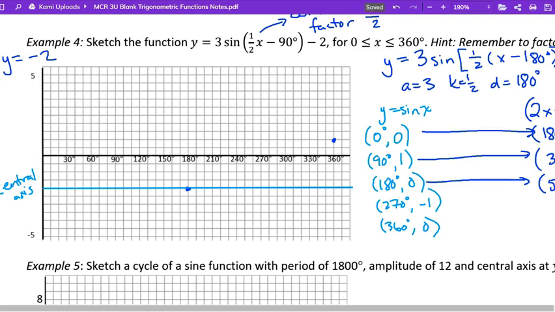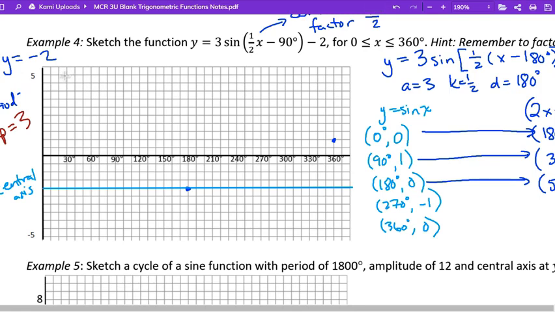We're going above and below the central axis. What is my amplitude? 3. Okay, and then we want to know what is my period. It's going to be 360.